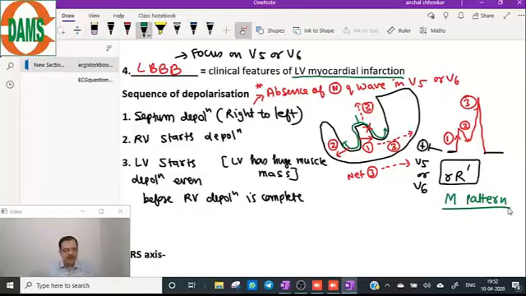And my advice, always attempt QRS axis questions. They are very easy, very scoring questions. You will get a single choice if you do it with high concentration. So let's understand the meaning of the QRS axis.